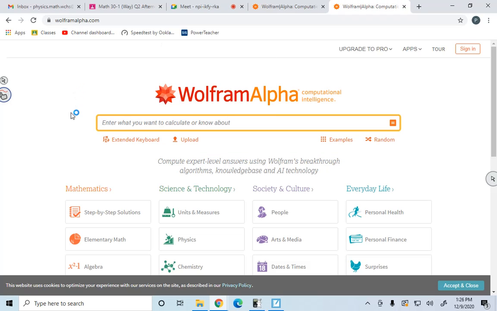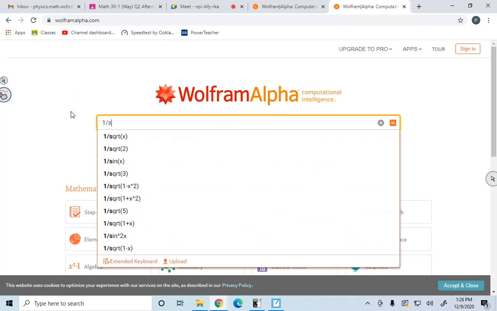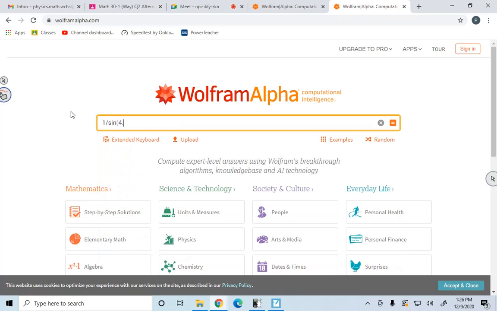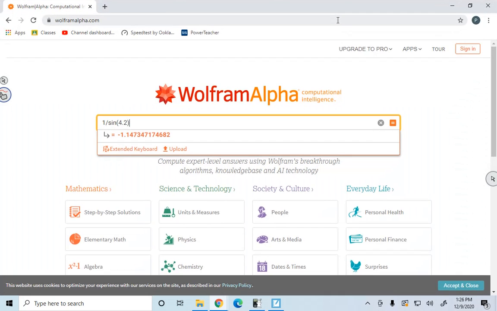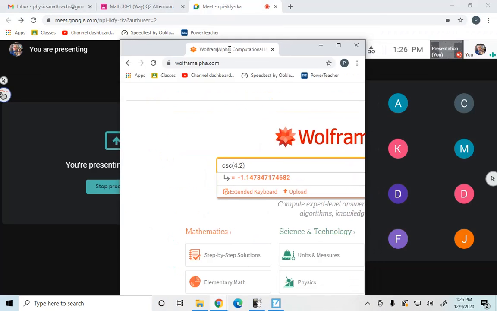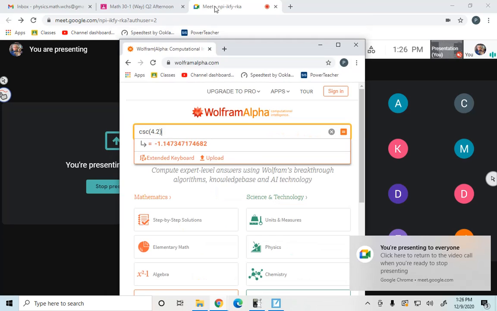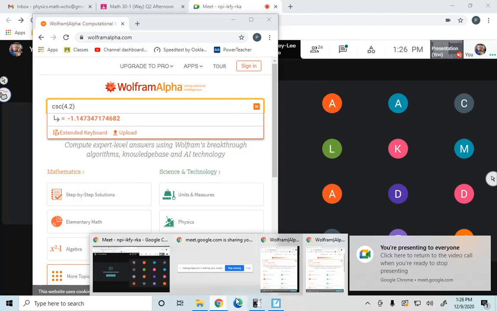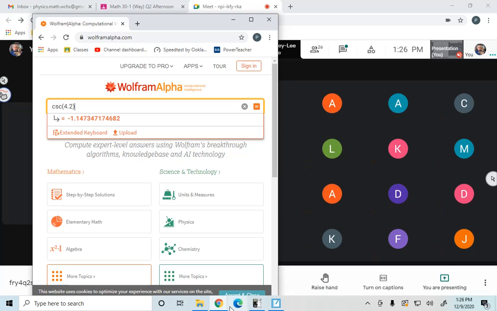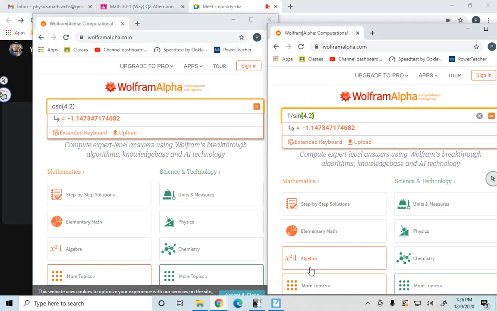And if I were to type in here 1 divided by sine of 4.2, I get the exact same number. When I put these two side by side, there it is. Cosecant of 4.2 is that number. 1 over sine of 4.2 is that number.